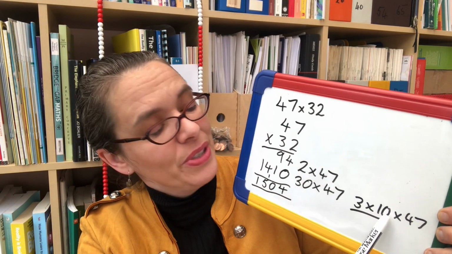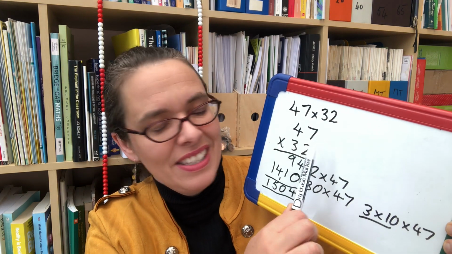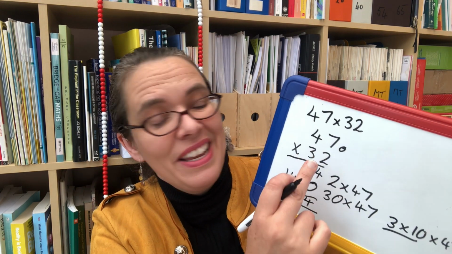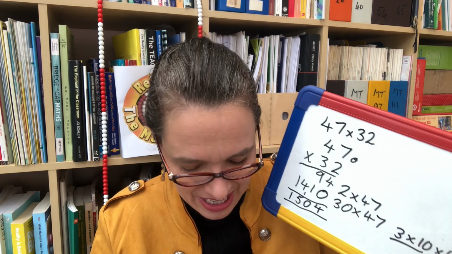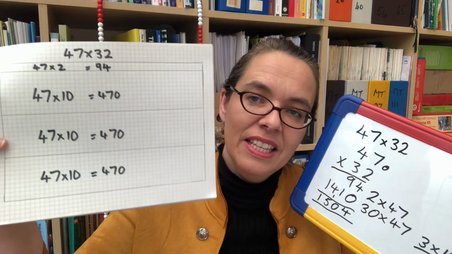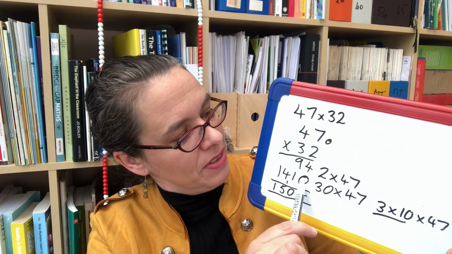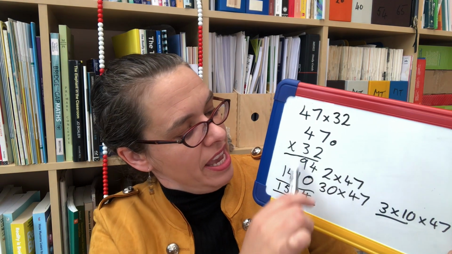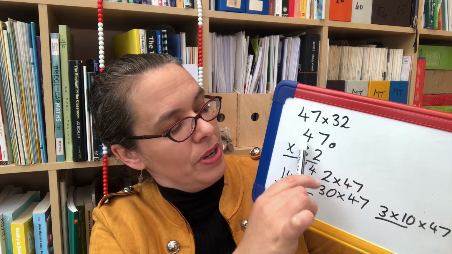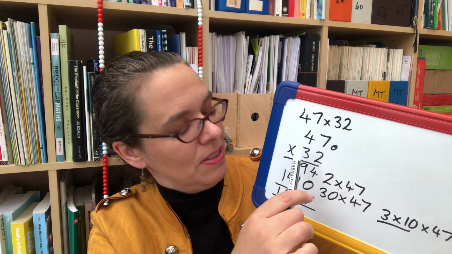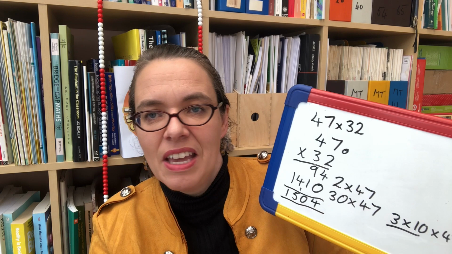So 10 times 47 is 470. So we're really doing 3 times 470, which is what we could see in this diagram. And that gives us 0 here, the 1 here with 2 to carry, 3 4s are 12, and we had 2 to carry, so that's 14. And of course we get the same answer.